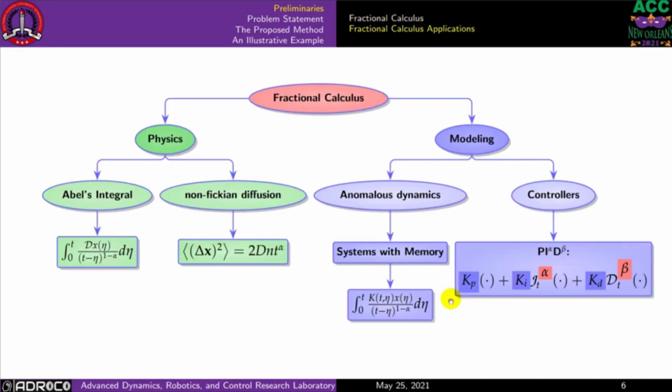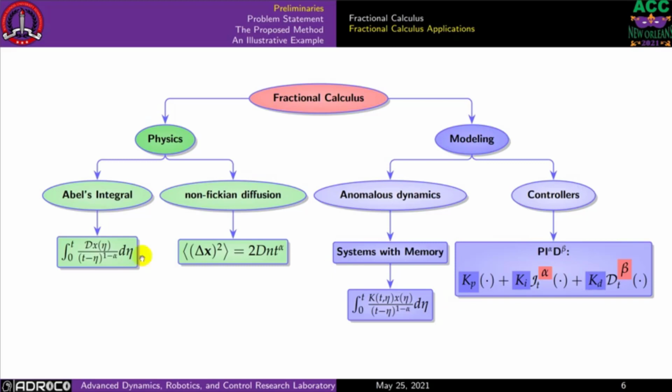Next, you might ask where we are using these fractional operators. Well, these fractional operators can appear in the governing equation of a dynamical process, coming from the nature of the physics, such as the Abel's integral that we have for some of the problems, or non-Fickian diffusion.